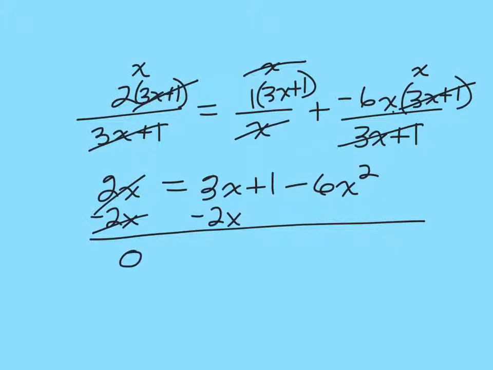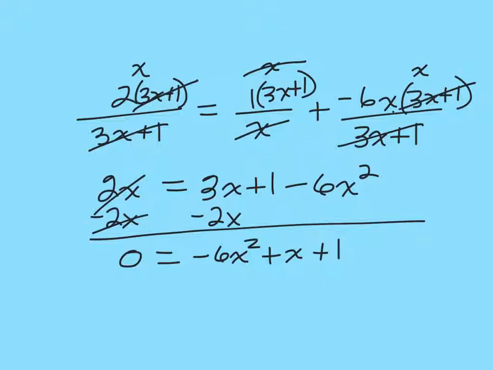So I got a 0 on the left. Now do you remember that we want to write our polynomial in descending order? Okay, it's going to factor a lot easier if I do that. So I got negative 6x squared, 3x minus 2x is 1x, or plus x, and plus 1.